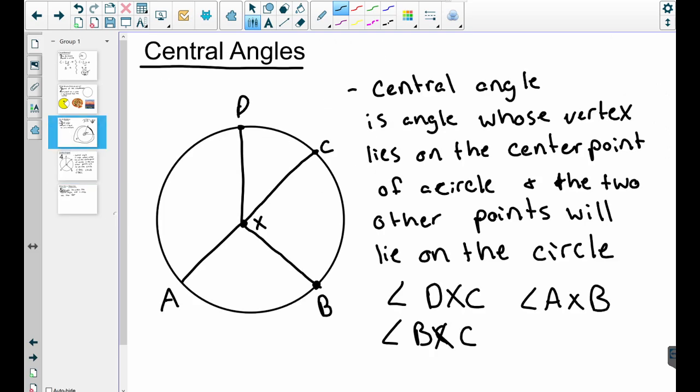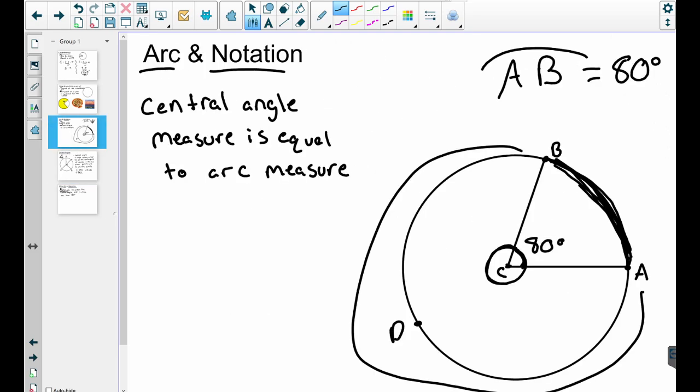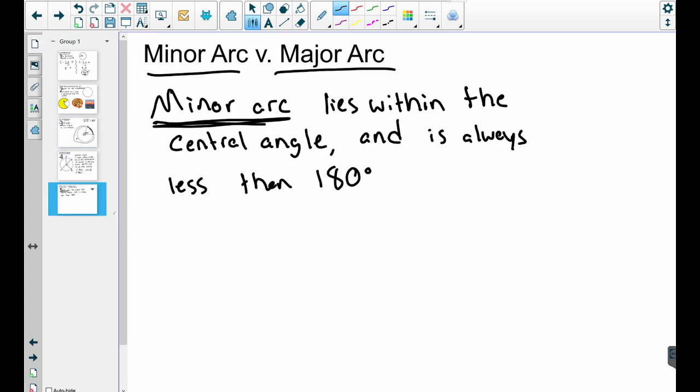But what about major arc? How would we define major arc? If major arc is this other piece, we can kind of form a definition just from what we wrote here.